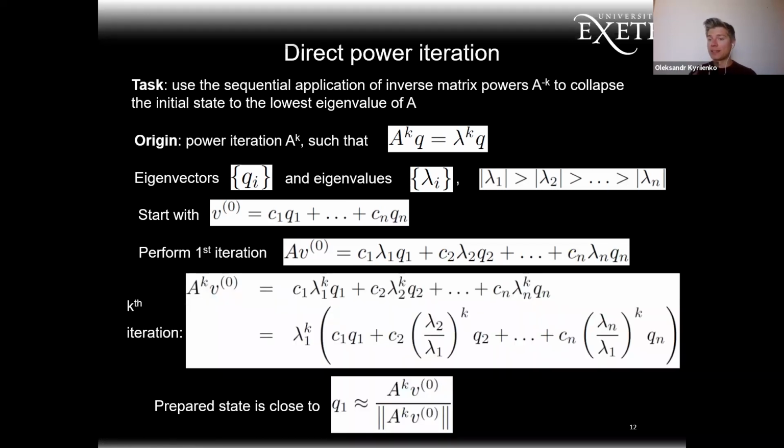If you apply it k times, you will get lambda 1 to the power of k, lambda 2 to the power of k, etc. And it means that by pulling out the dominant part, the largest eigenvalue, outside, you will have your eigenvector q1 for that eigenvalue, and q2 through qn, etc., will be suppressed by the ratio of the second dominant to the dominant eigenvalue.